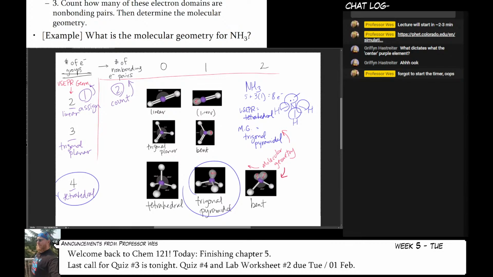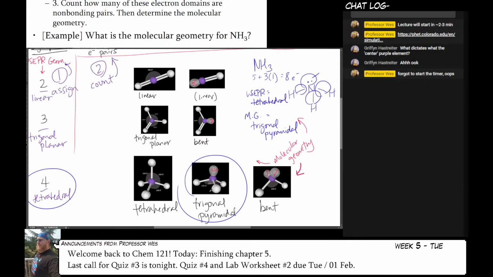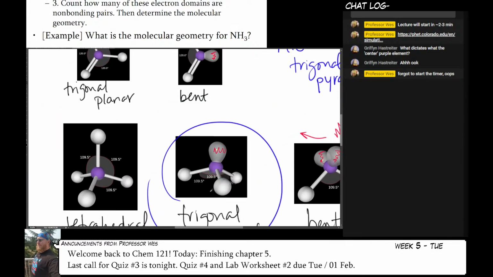So if I was to take this little picture down here, and I guess we could zoom in on here. Here's what ammonia would look like. So the nitrogen would be in the middle here. Here's a hydrogen, here's a hydrogen, here's a hydrogen. Electron pair. There you go. That's how it would look.